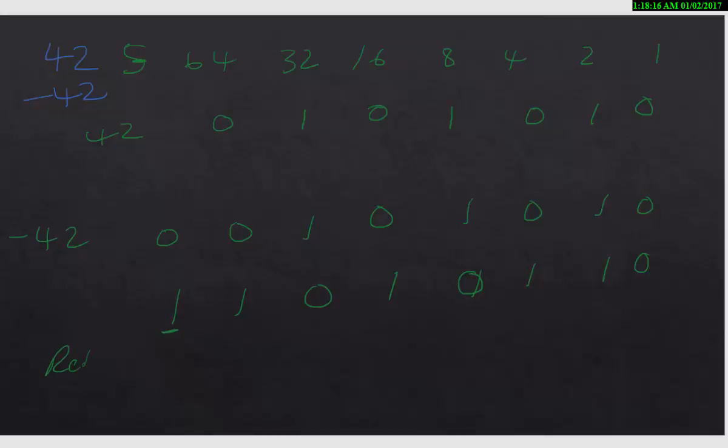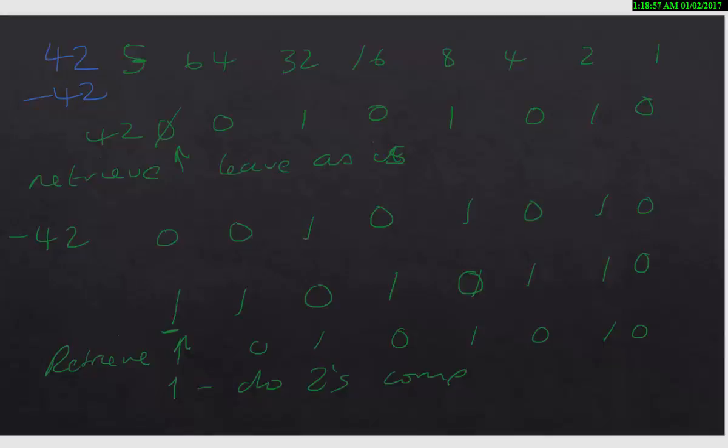And then for the retrieval, so in the case of this one, let me just fix that. In the case of this one, because it's a 0 here, then leave as is. But because this is a 1, do 2's complement, which means copy all the bits until 1 is reached and flip again.